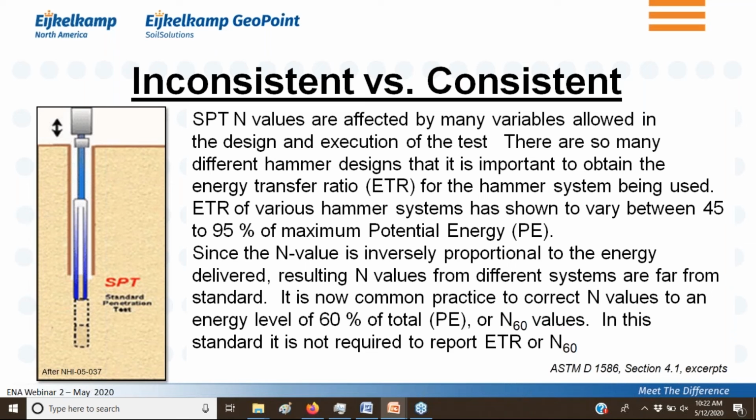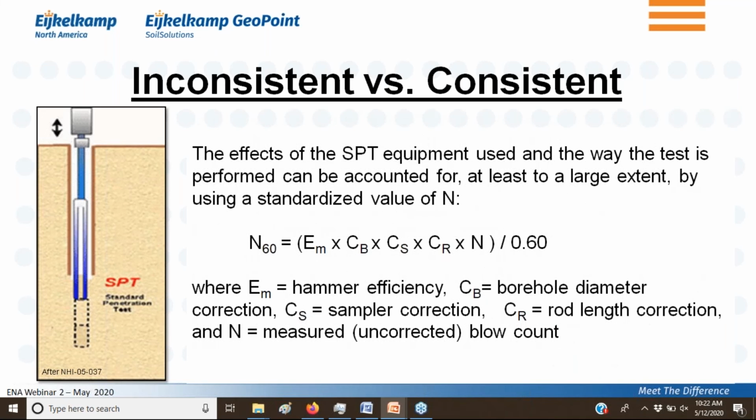So what they have done now is to try to come up with some kind of a standardized version, and that says that you are using not the N value, the recorded number of blows, but the N60 value. And what the N60 value is, really, what you see here is a simplified equation where you take the hammer efficiency, you take the borehole diameter, correct that, you take the sampler, whether it's a liner or not, you take the number of rods, because if you have a longer rod string, more energy gets absorbed by those rods, and then you get your uncorrected blow count, and then you come up with some standardized N60.